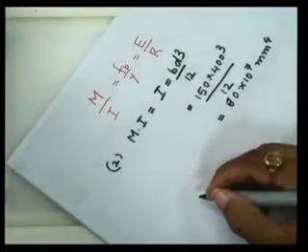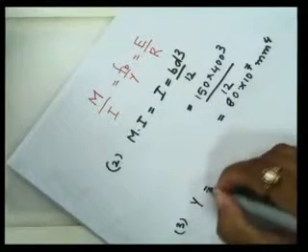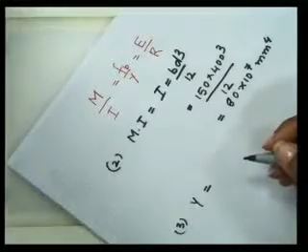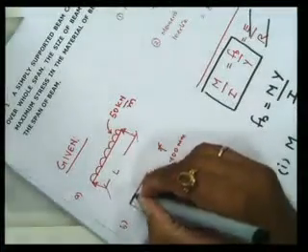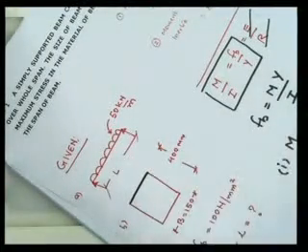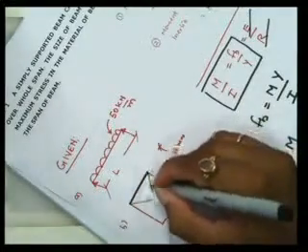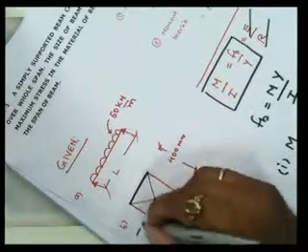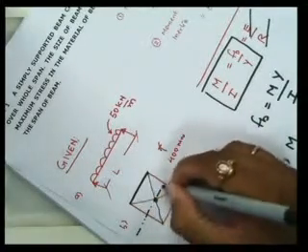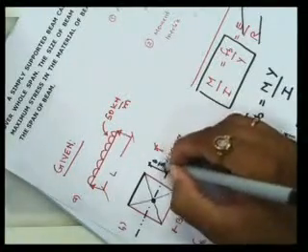Then we have Y. What is Y? Y is the distance of the extreme fiber with respect to the neutral axis. So in this diagram, this is the extreme fiber. Now I have to locate the CG. CG will be obtained by the intersection of the diagonals. So this is the position where CG is located, and its distance is D by 2.